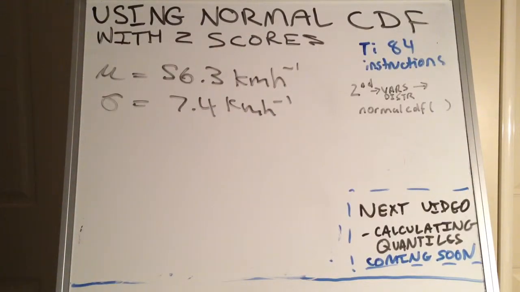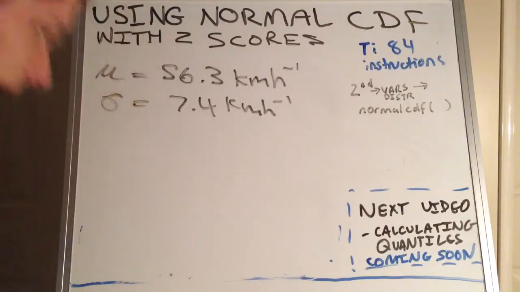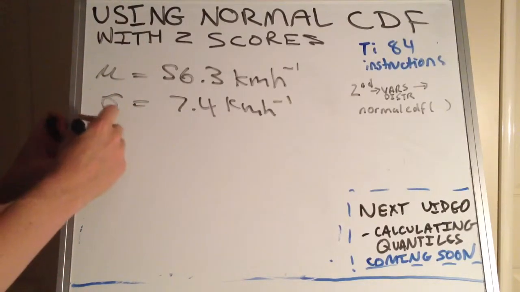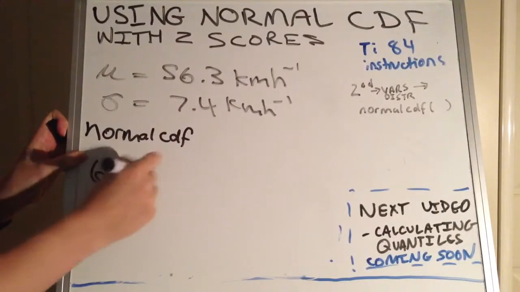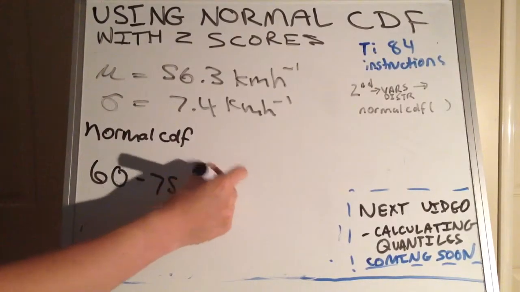And it asks, find the probability that a randomly selected car is travelling between 60 and 75 kilometres per hour. So in order to do this, let's have a think about what our values of normal CDF will be. So again, it's asking between 60 and 75 kilometres per hour.